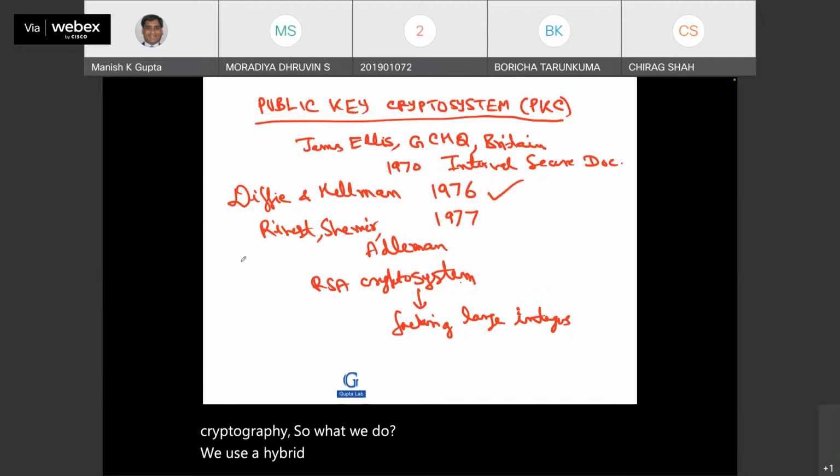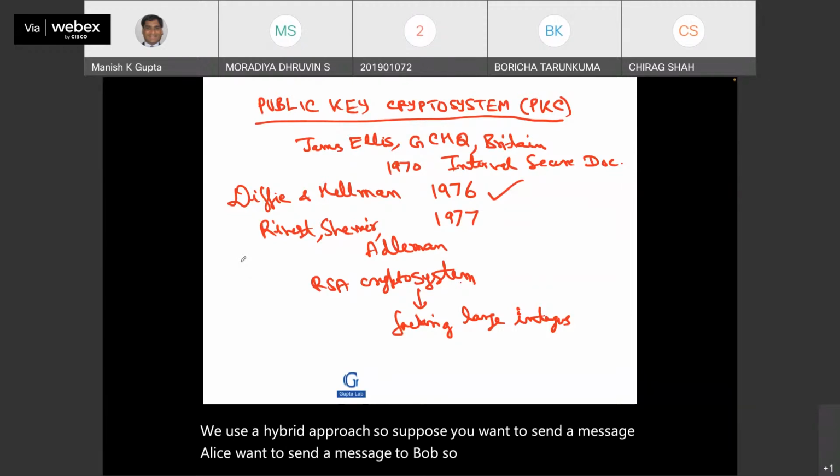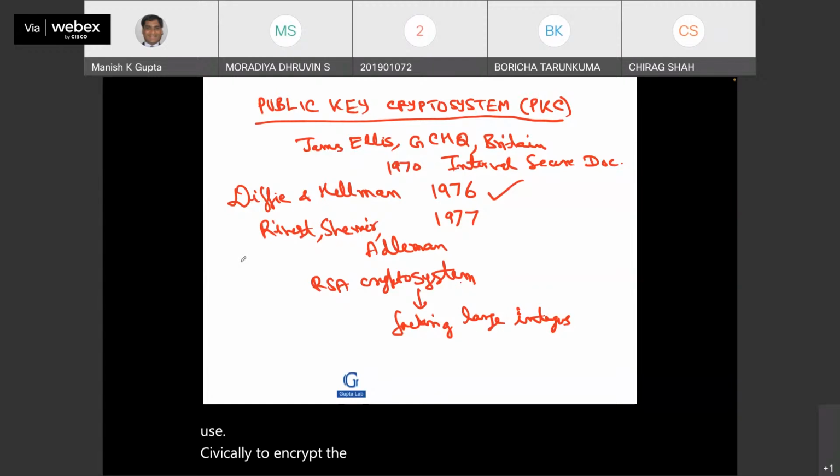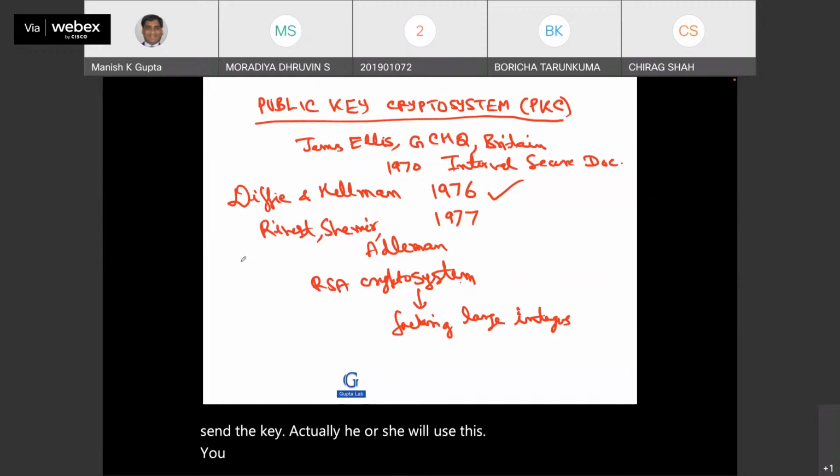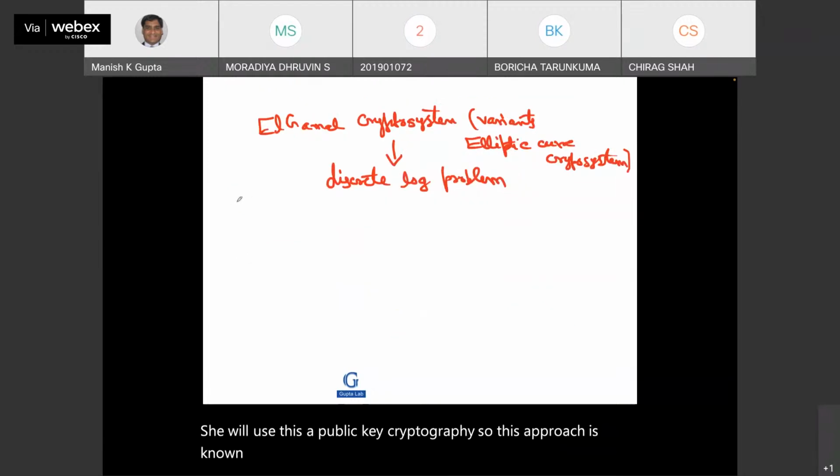Suppose Alice wants to send a message to Bob. Alice will use a symmetric key to encrypt the message, and then to send the key, she will use public key cryptography. This approach is known as hybrid cryptography.